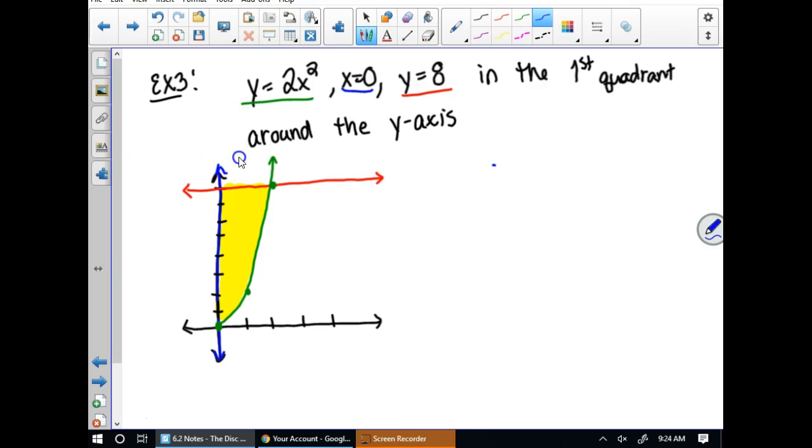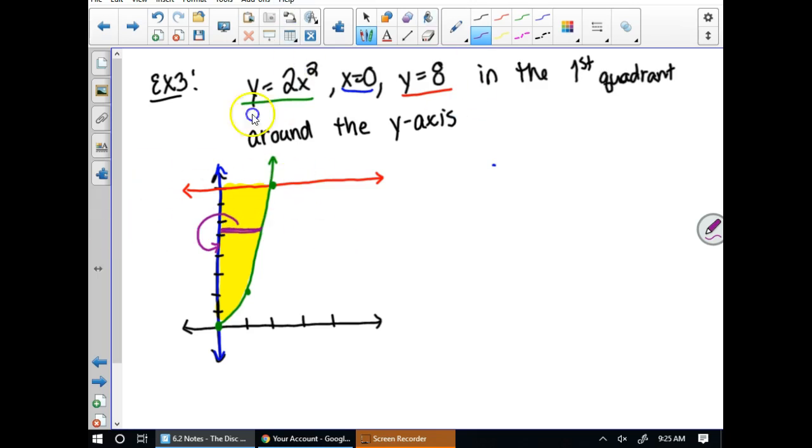But whenever we're rotating around the y-axis, you have to do everything in terms of y. Because what you're doing is you're taking a sliver right here and you're rotating it around that y-axis. So whenever you do that, this distance from 0 over to the curve has to be in terms of y.